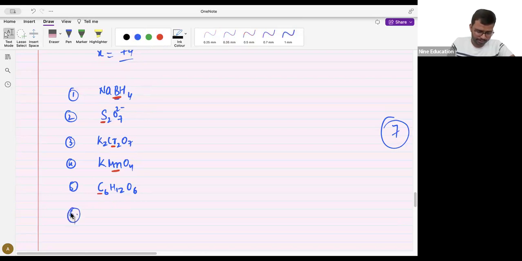Sixth one, OsO4, osmium tetraoxide. Os stands for osmium. You have to find for Os.